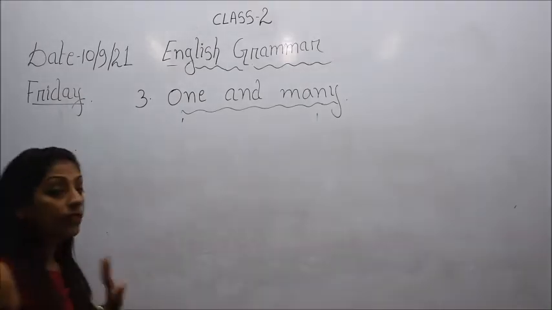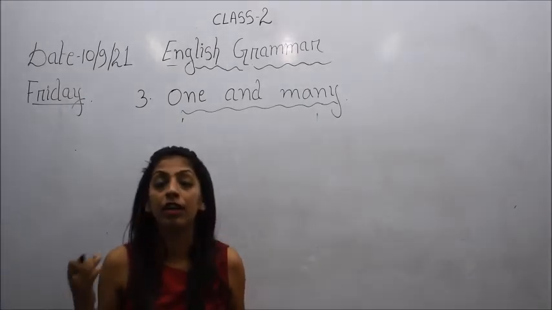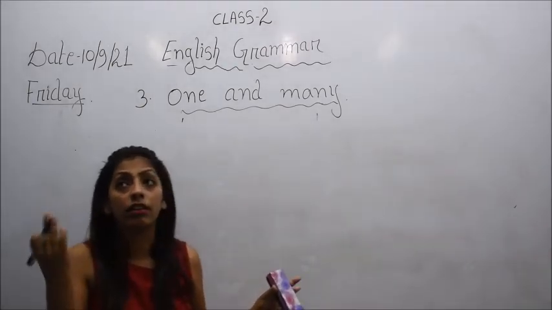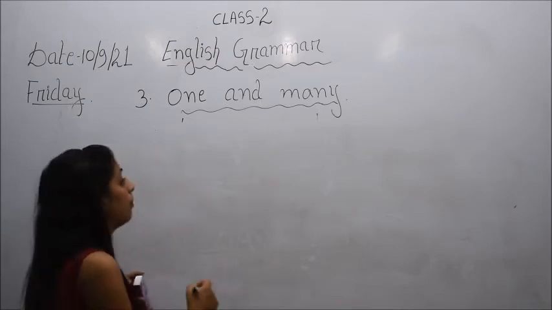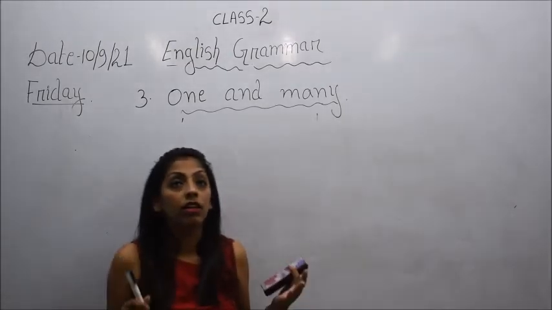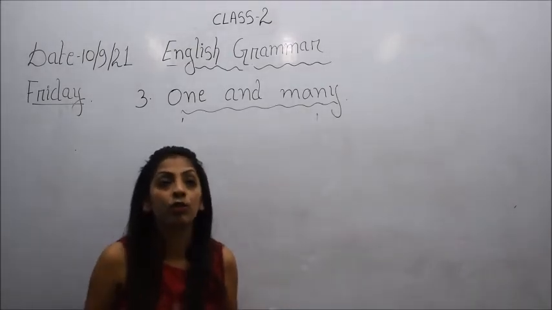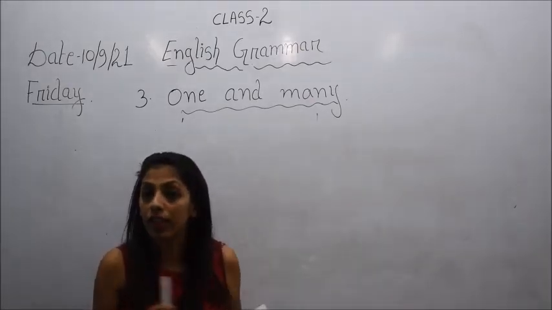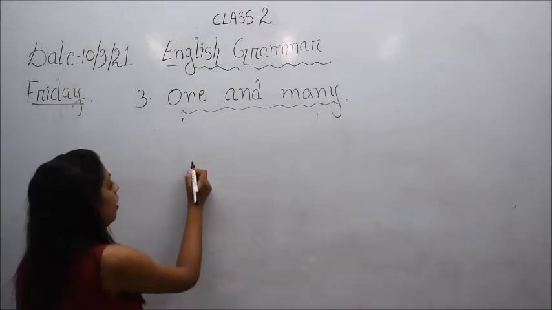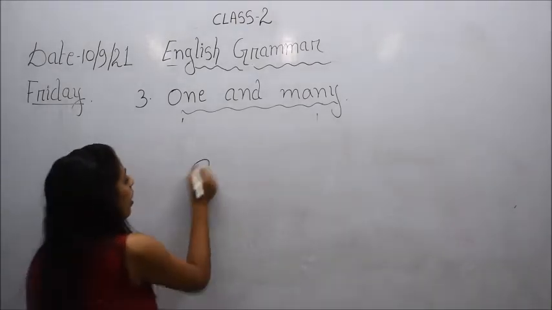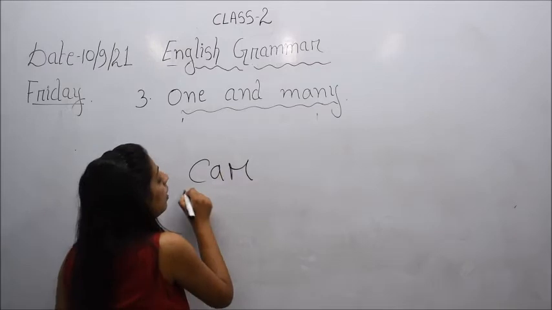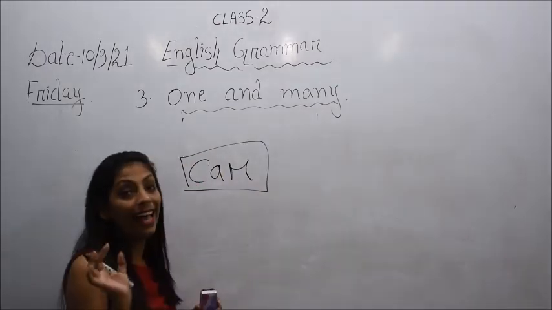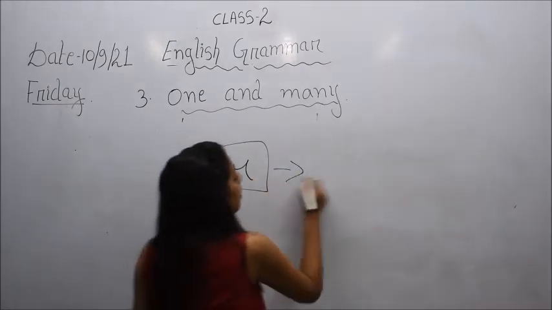Children, we already know that nouns are the names of a person, place, animal or thing, right? So for example, if I write car, this is a thing, and this is a singular noun.